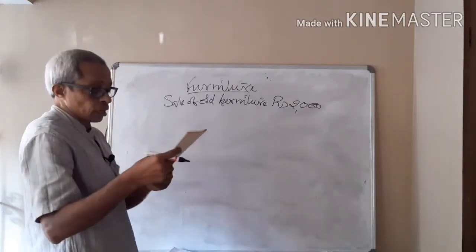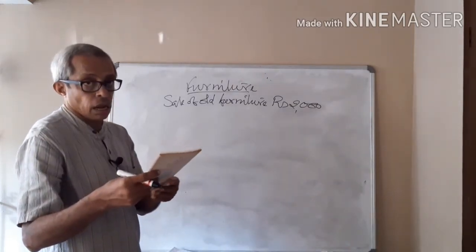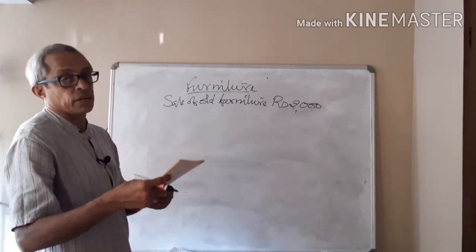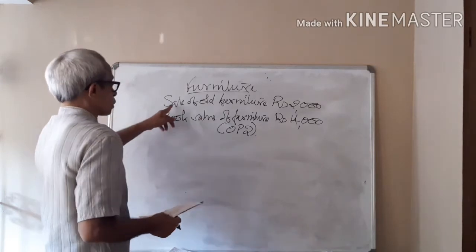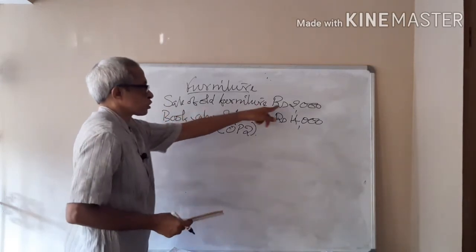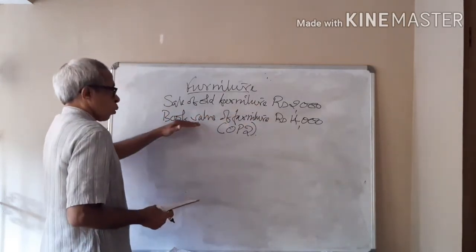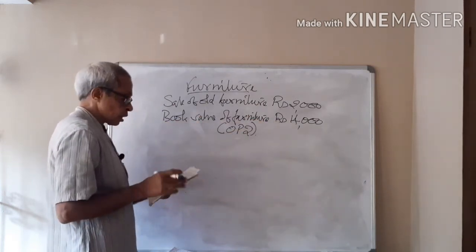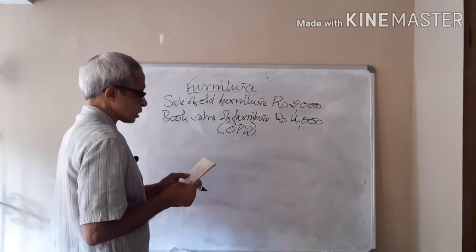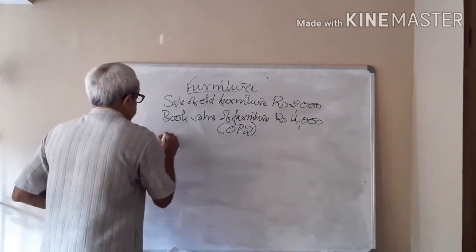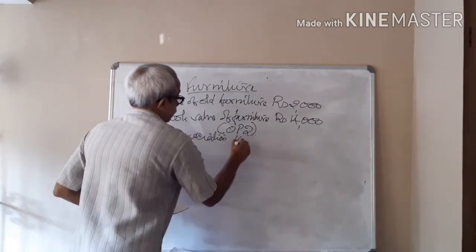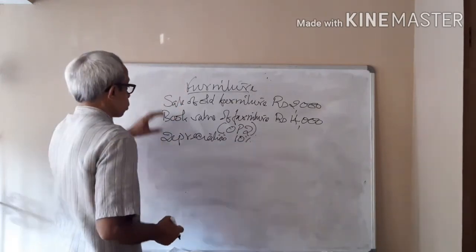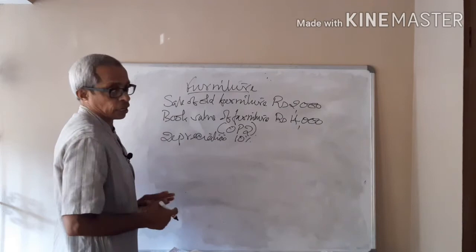And the next item of furniture is book value of furniture. That is, sale of old furniture during the year is 2000. Book value of furniture on the opening date is 14,000. And the next is depreciation with regard to furniture. 10% is the depreciation.